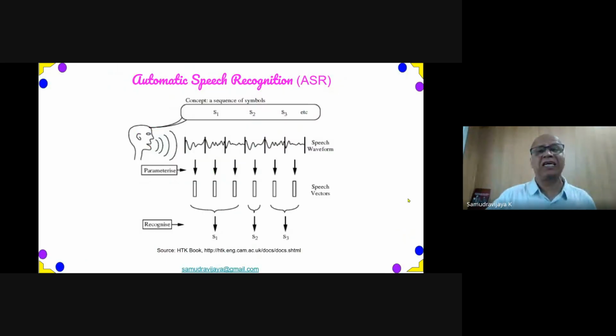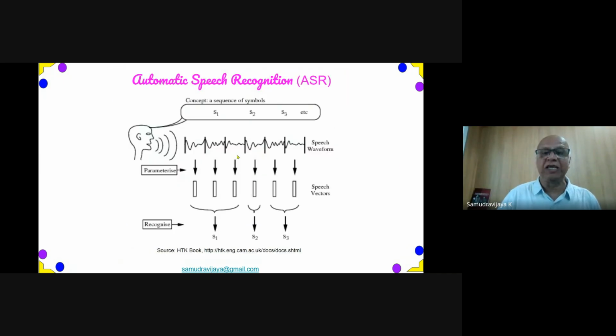So what is ASR? Automatic speech recognition. I have some idea in my brain, I speak, I generate a wave file, and these wave files are essentially a sequence of sounds, sound symbols, a, i, e, u, ka, ga, na. Different parts of the waveform contain information about different sounds. So it takes small segments of the speech sound and extracts features, we call it a speech vector.